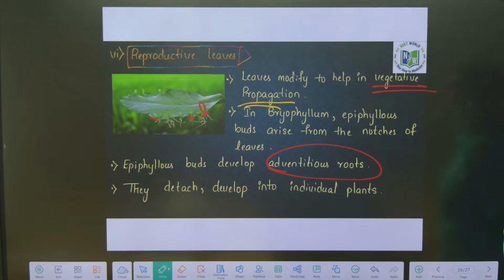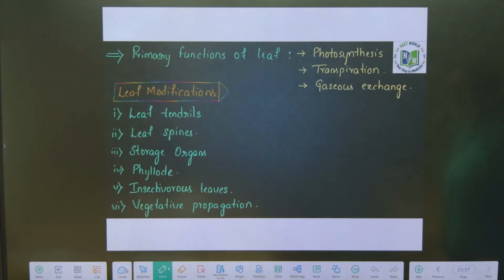Reproductive leaves lastly and then we will go for the objective. Leaf modifications done, right? Now, first question.